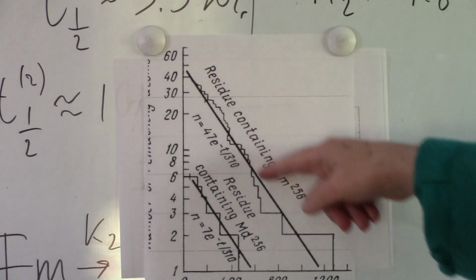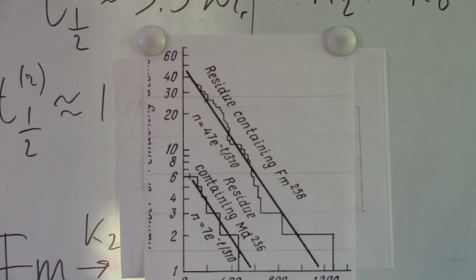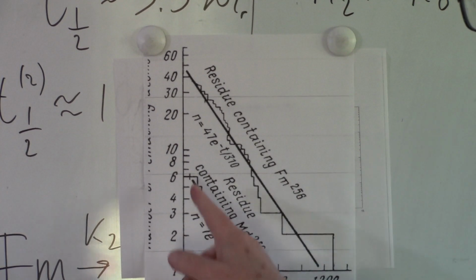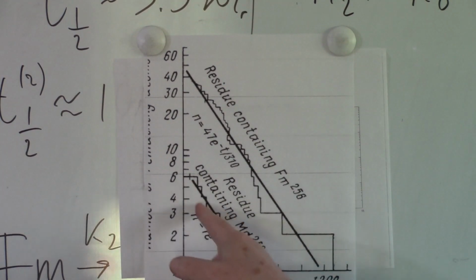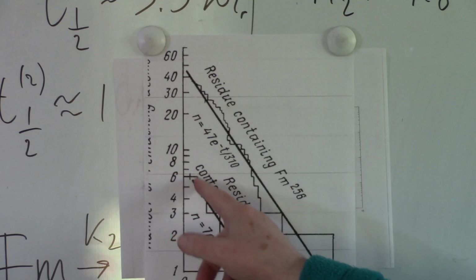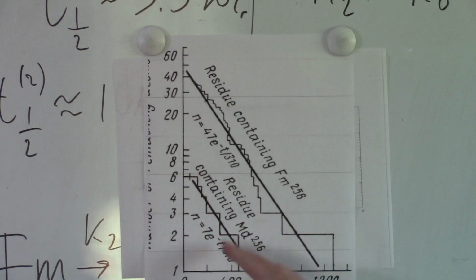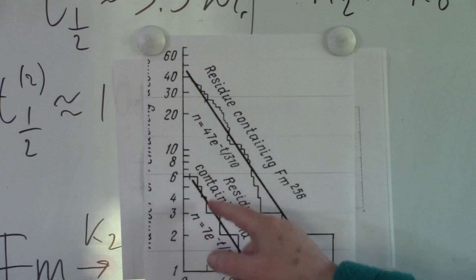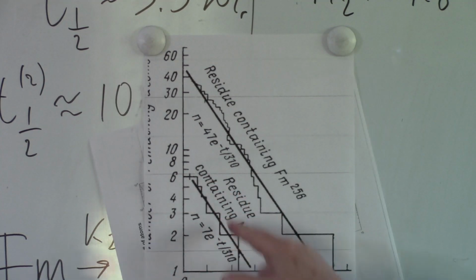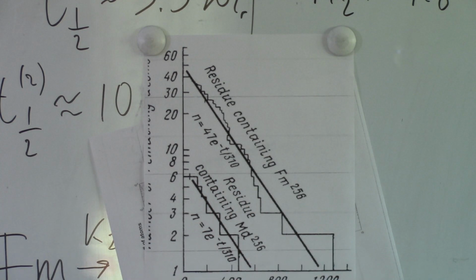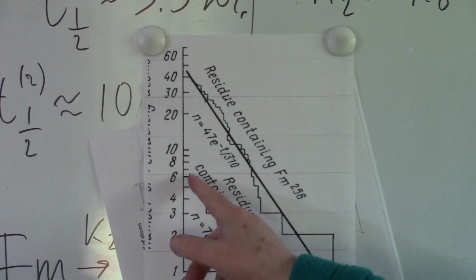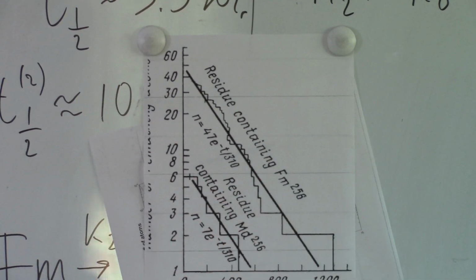That is for fermium. Now, when they took Mendelevium, it turned out that they had only 7 atoms of Mendelevium. And this is the staircase which shows how the atoms of Mendelevium, one after one, first all very fast transformed into fermium, and here we see how these atoms of fermium exploded.